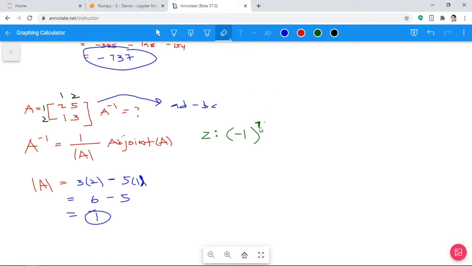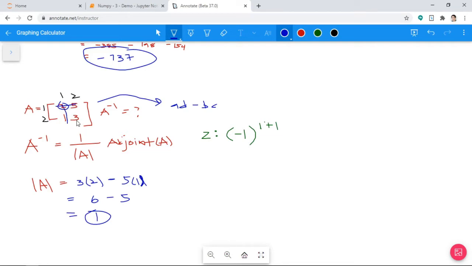Let me erase this. See, I'm such a bad writing, my writing is bad. So this one is 1 plus 1, because we have 2. So what will be our adjoint number here? I'm using 2 here, so imagine this one.